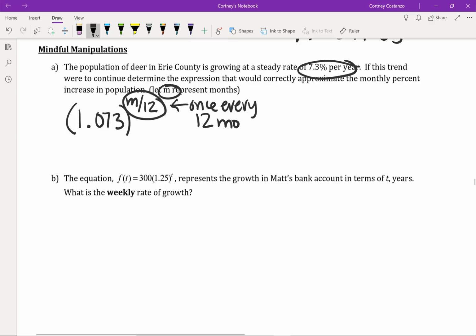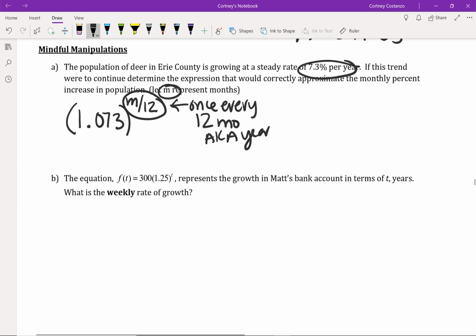Well, once every 12 months is AKA a year. Okay, so that would be a yearly equation. But if it wants me to convert a yearly rate to a monthly rate, think about it. If it's growing 7.3% per year, then if I want to look at a fraction of that, a 1/12 of that, it's going to be a smaller rate.